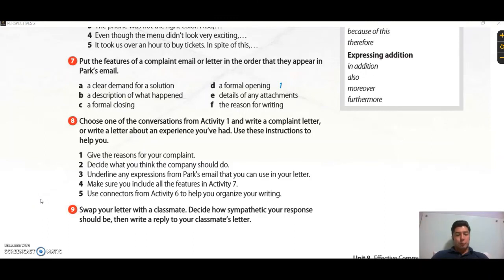You have to write a letter, and you have to use these points. Give the reason for your complaint. Decide what you think the company should do. Underline an expression from Park's email that you can use. Make sure you include all the features in Activity 7, and use connectors from Activity 6 to help you organize your writing. I hope you do it in the correct way, guys.